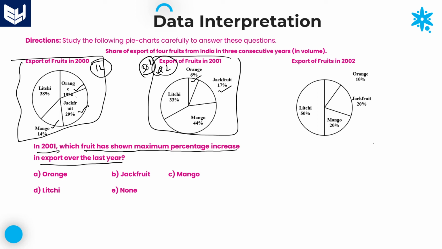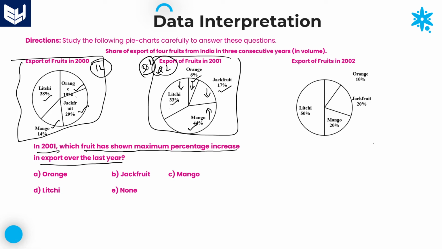Coming to mango, mango is 14 percentage in 2000 and 44 percentage in 2001. There is a large variation for mango. What about lychee? Lychee is 38 percentage in 2000, whereas 33 percentage in 2001. If you observe carefully, the percentages decrease for orange, jackfruit, and lychee, but for mango the percentage increases.